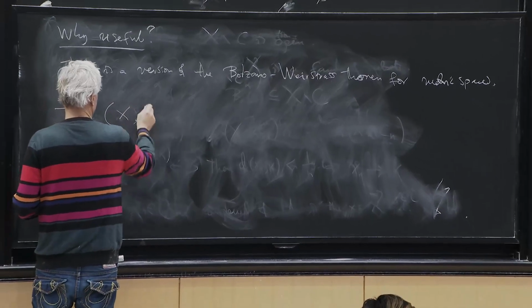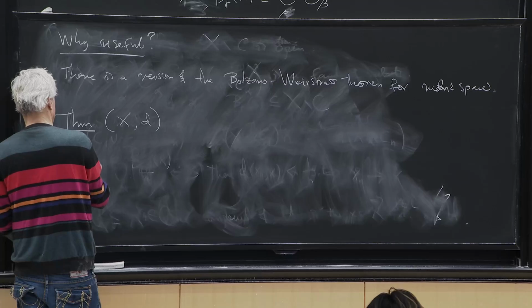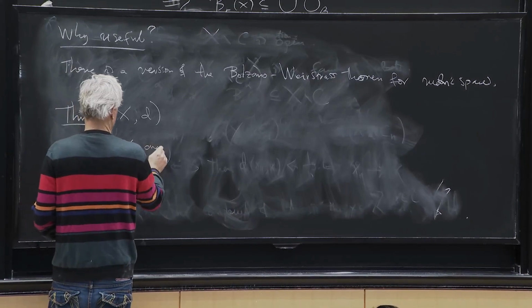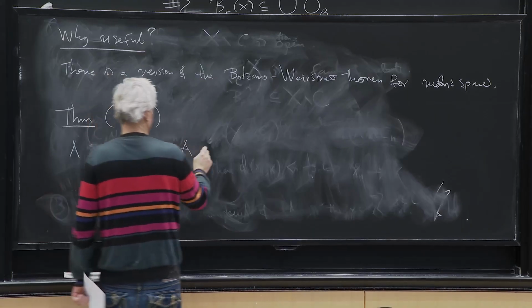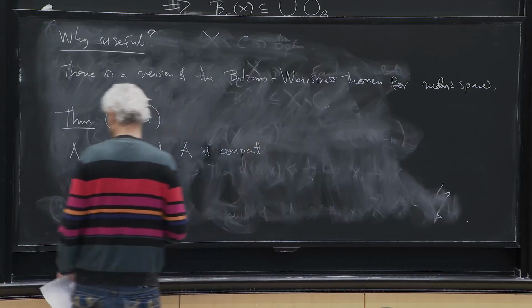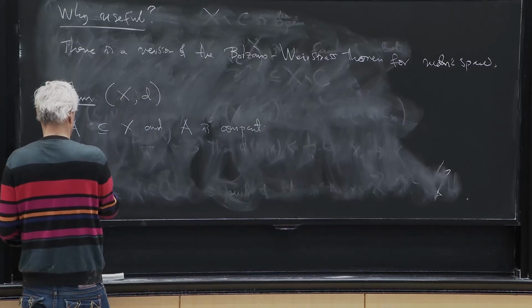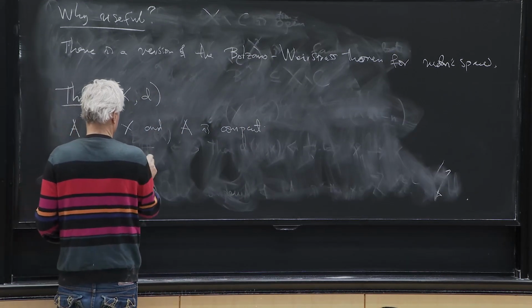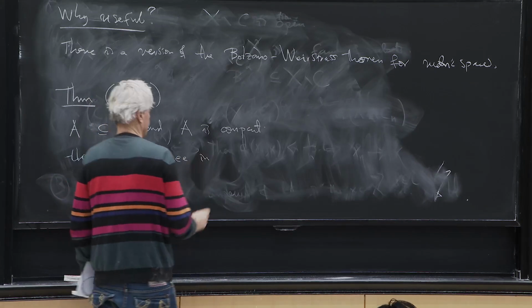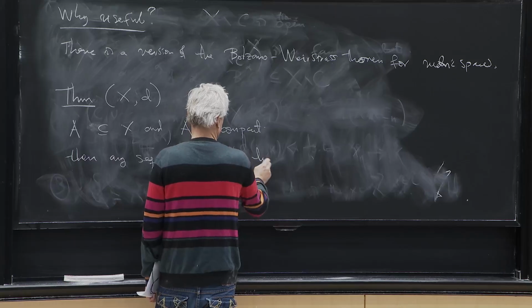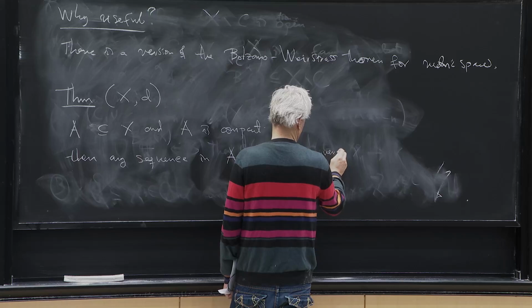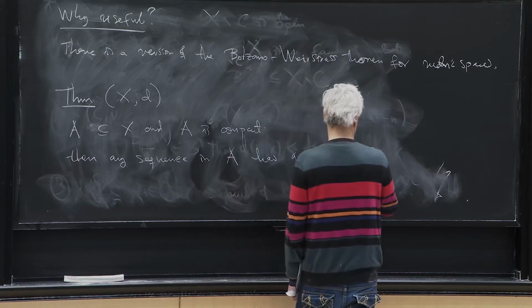That if you take a metric space and A is a subset and A is compact, then any sequence in A has a convergent subsequence.